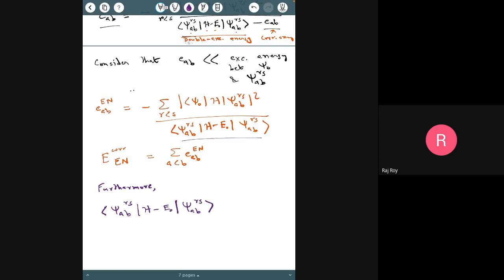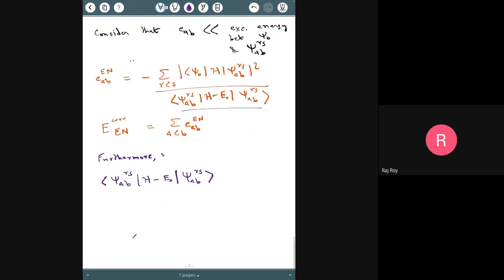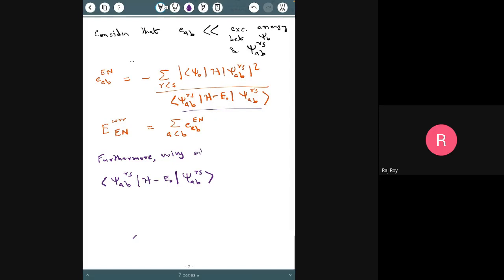So if you did not change the orbitals at any point of time, then the Hartree-Fock expression, using only Hartree-Fock orbital energies, can be approximated as simply the difference of the orbital energies.